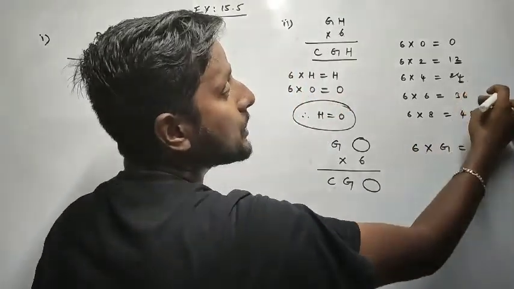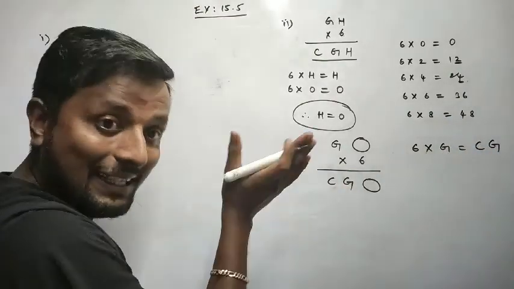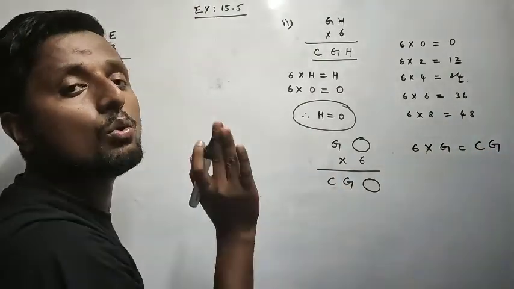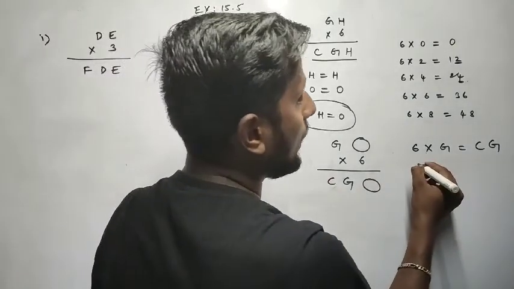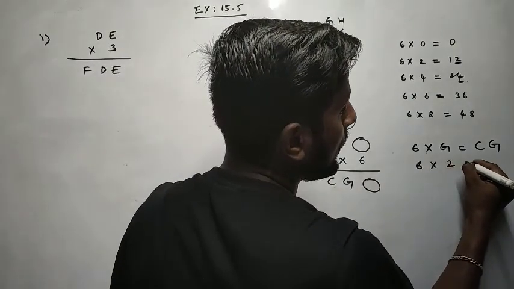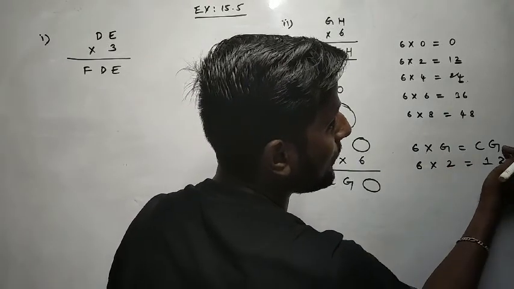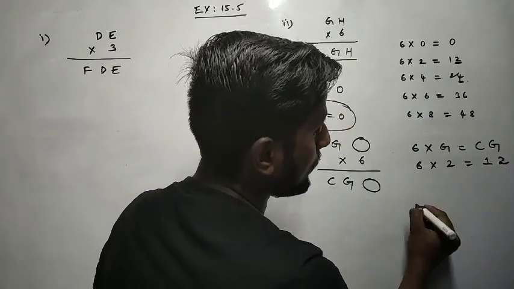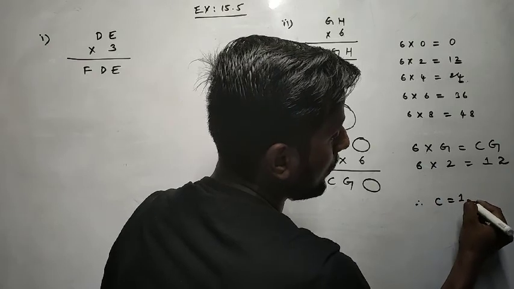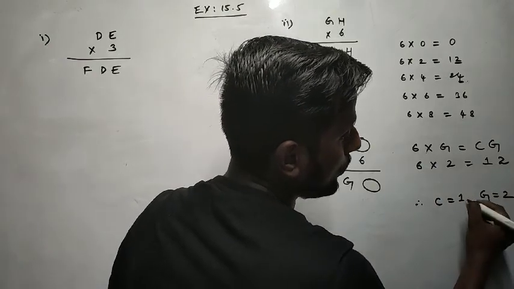There are many possibilities to satisfy the condition. In these cases, we'll use only the least number. So 6 into 2 is equal to 12. Look at G place 2, C place 1. Therefore C is equal to 1 and G is equal to 2.